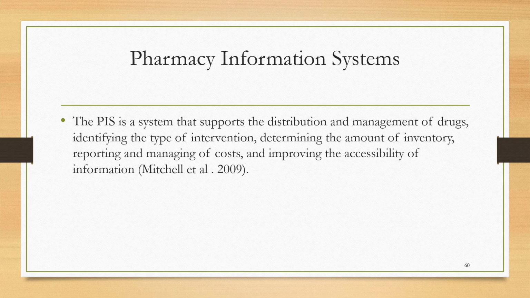Definition. The pharmacy information system is defined as a system that supports the distribution and management of drugs, identifying the type of intervention, determining the amount of inventory, reporting and managing of cost, and improving the accessibility of information.